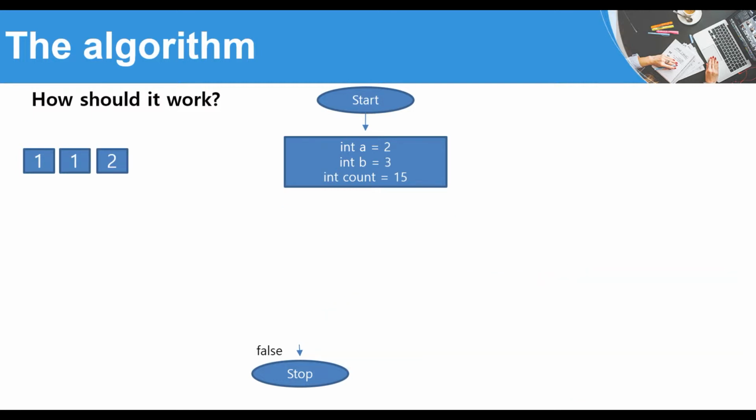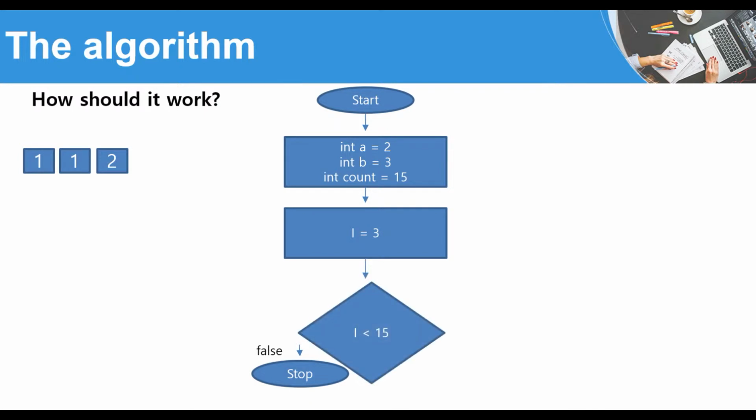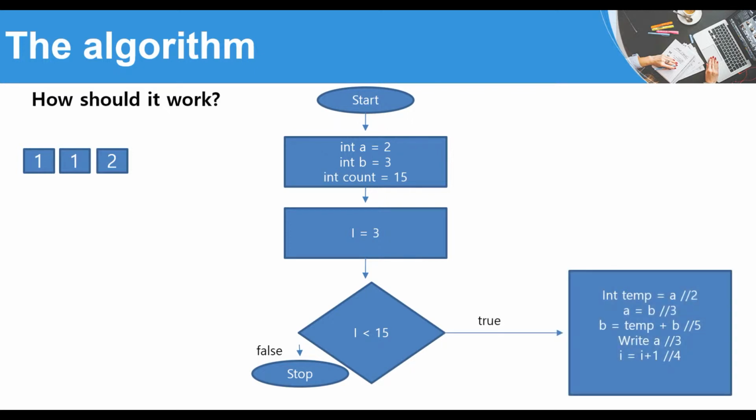So if we go for the next iteration, a will be equal to 2 as a starting point, b would be equal to 3, and the count would be the same. However, the internal for counter equals 3. Now, is 3 less than 15? Of course it is less than 15, so once again we go ahead and do the same thing. So temp equals a, which will be 2, a equals b, which will be 3, b equals temp plus b, which will be 5, and we'll write a to the console and increase the counter.